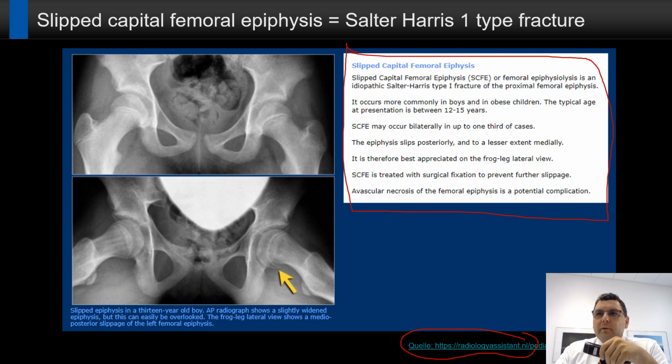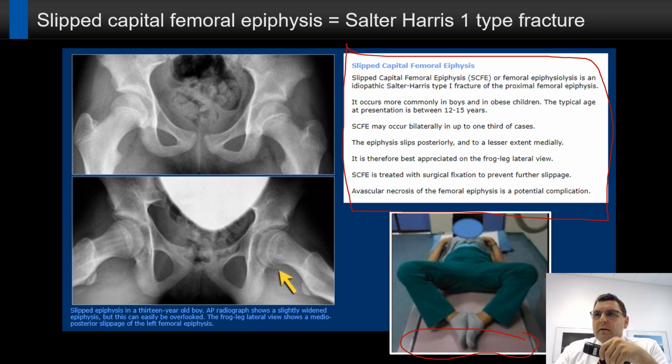I can really advise you to use this website to learn more about these child fractures. Please be aware that the examinations must be taken correctly, and if your technicians don't have the experience, you yourself as a radiologist need to supervise them. Otherwise you are not readily able to evaluate those examinations.